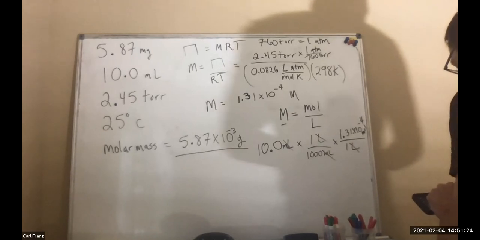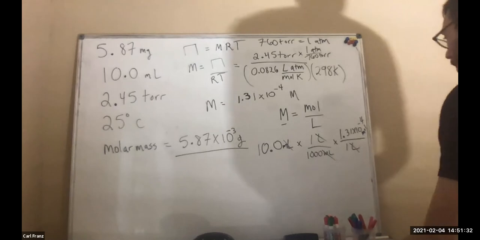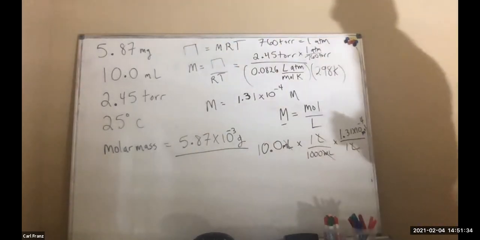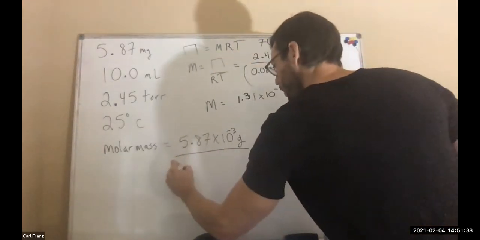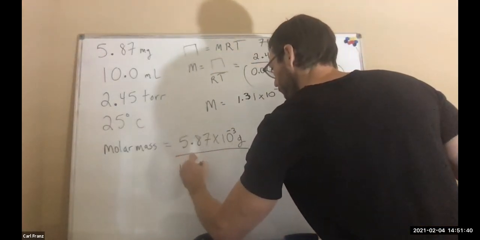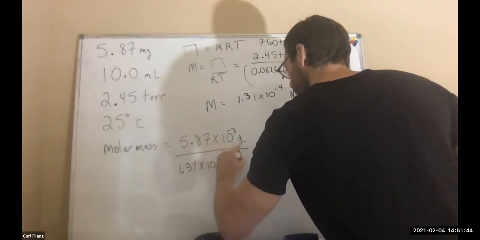That's 31. Yes, as I thought, 1.31 times 10 to the negative 6 moles.